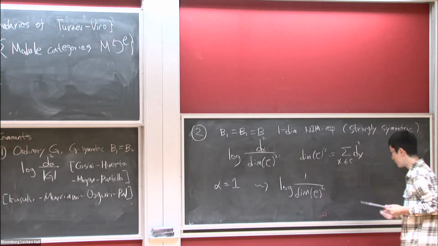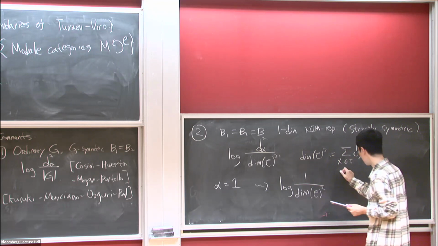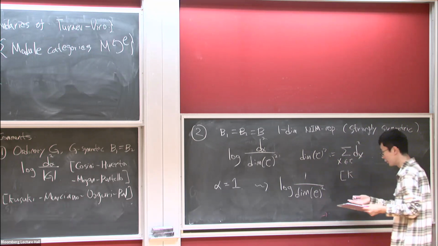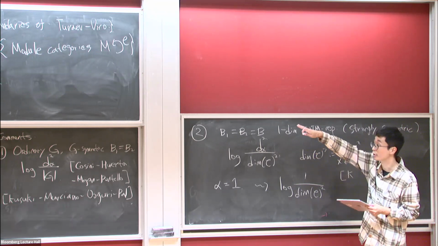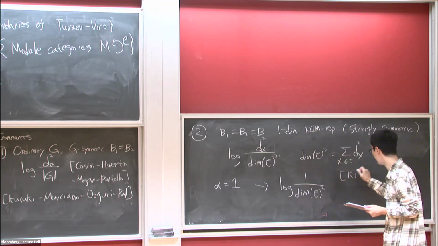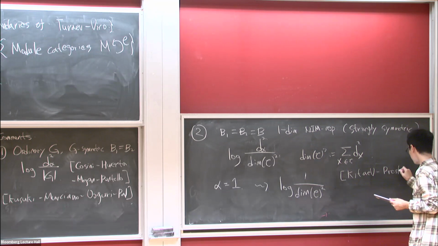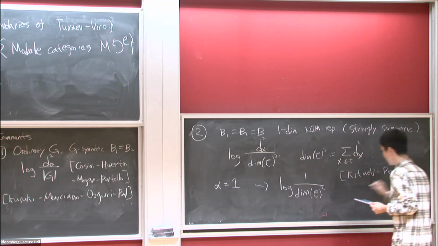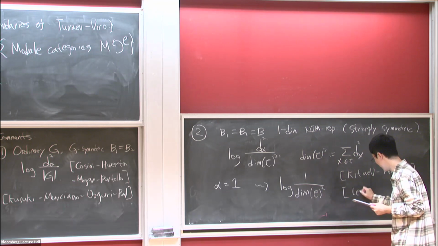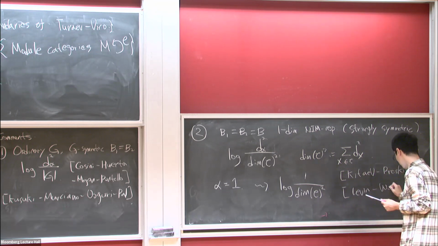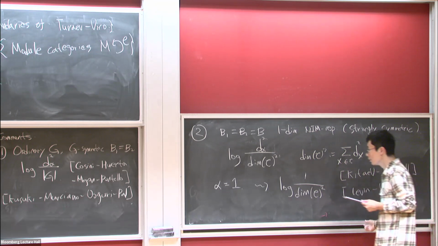And then, for whatever it's worth, this is the same quantity as the topological entanglement entropy for the bulk 2+1D TQFT, which was defined by Kitaev and Preskill, and also independently by Levin and Wen.